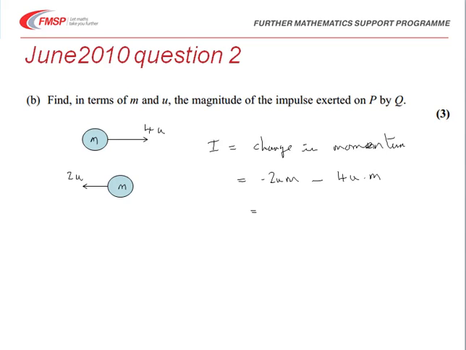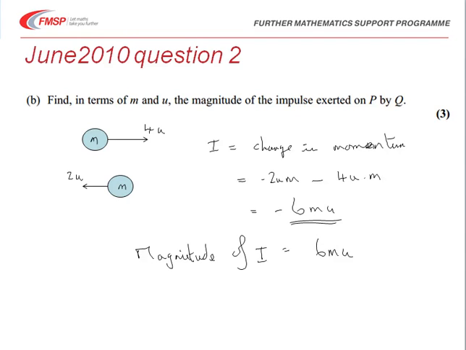And that gives a total of minus 6mu. Now that's the impulse on P from Q, so the magnitude of the impulse is just equal to 6mu.